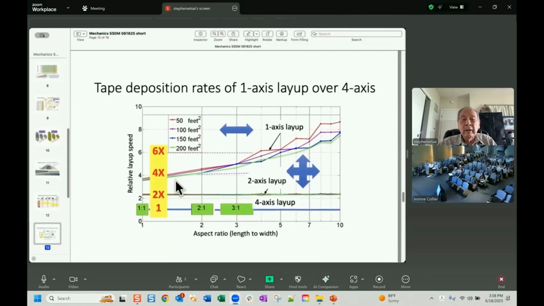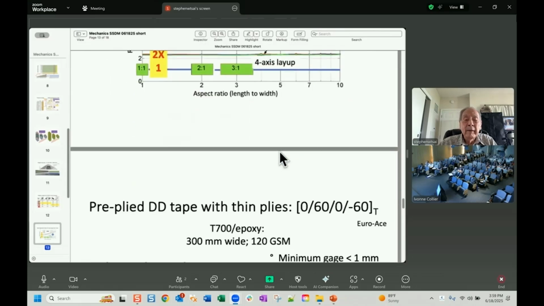And then the rate of lamination, depending on the aspect ratios, is something like six times that of the quad. The quad, you have lamination of 4 angles. Here you do one axis layup, without cross plying.